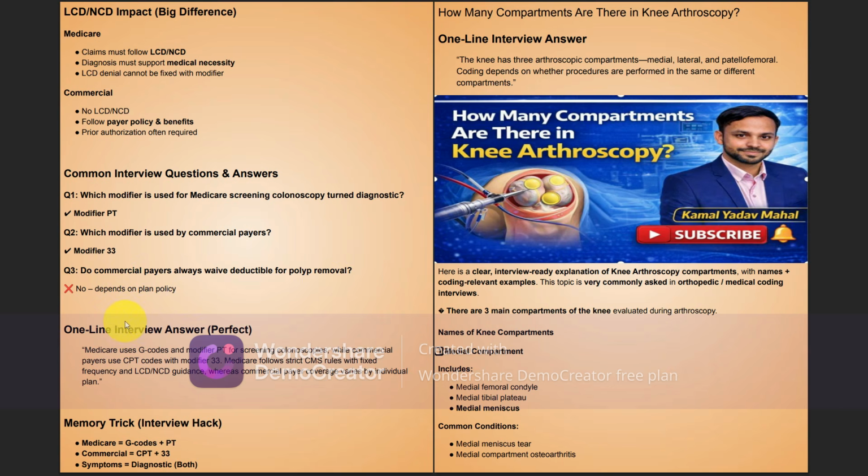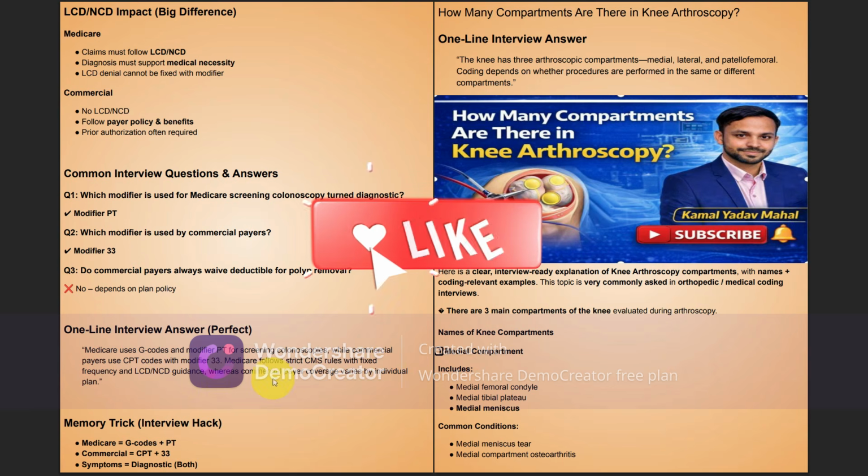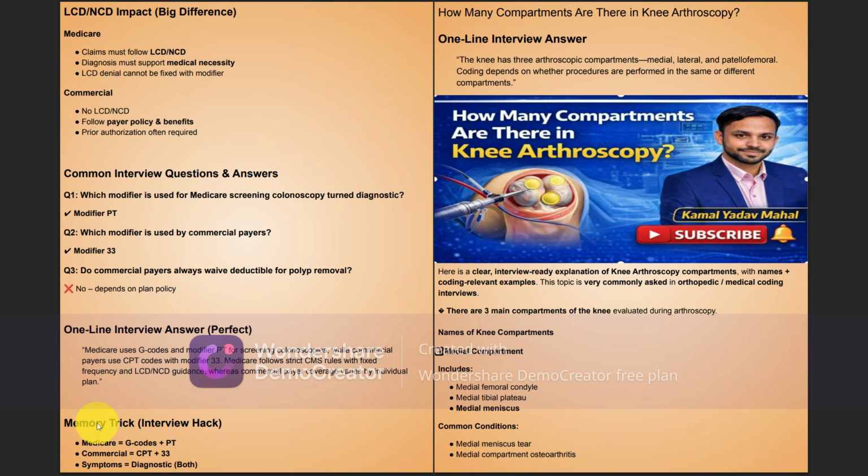One line answer: Medicare uses G codes and modifier PT for screening colonoscopy, while commercial payers use CPT codes with 33. Medicare follows strict CMS rules with fixed frequency and LCD and NCD guidance, whereas commercial payer coverage varies by plan.